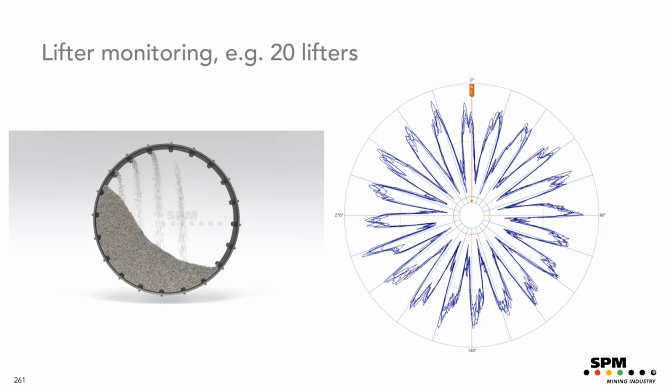That's a very useful method to identify if some of the lifters are damaged, because then you will easily see that in this circular plot. For example, if this lifter has damage, the amplitude here, when this damaged lifter hits the charge, the signal will be much lower. So it's very easy to identify that in this circular plot.